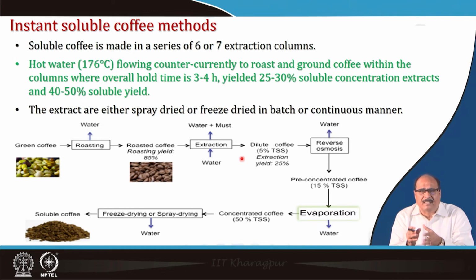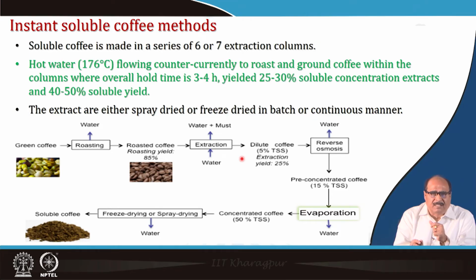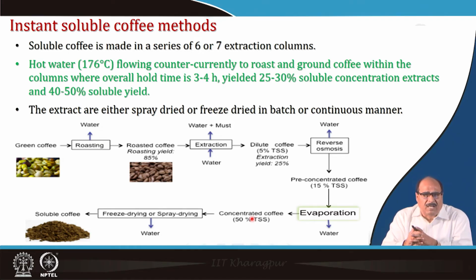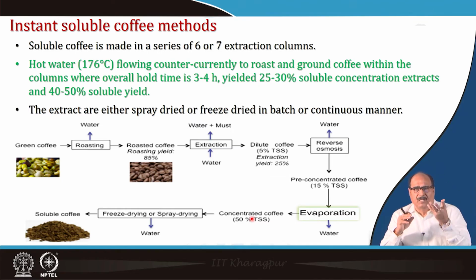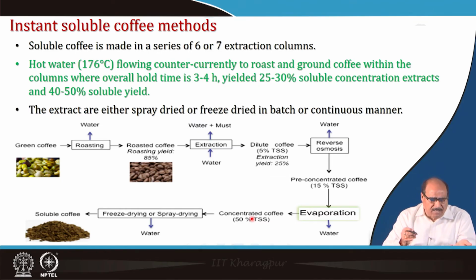It has a concentrated coffee with a TSS of about 50% or so, and then this is sent to the freeze drying or spray drying, okay, where in the freeze drying the sublimation process is used, or in the spray drying hot air is sprayed, it is atomized and we get the soluble coffee powder. Mostly the choice grade coffee is made by the freeze drying process, although industrial operation makes the spray drying better, okay.